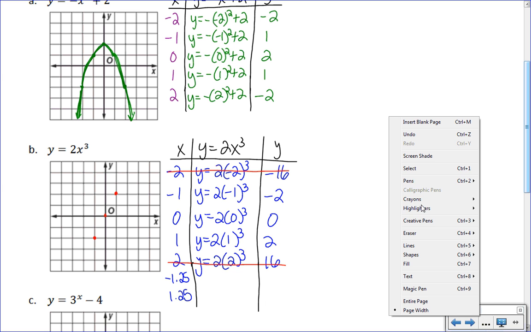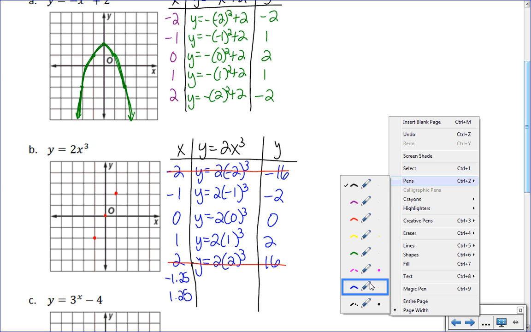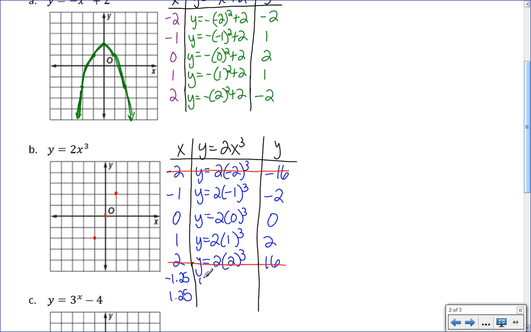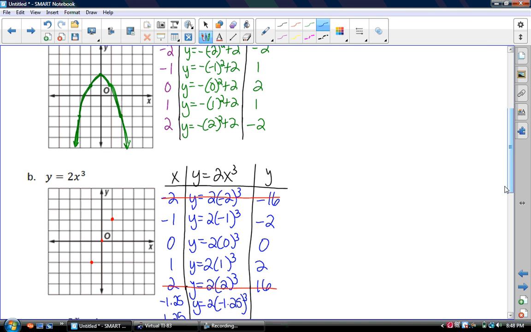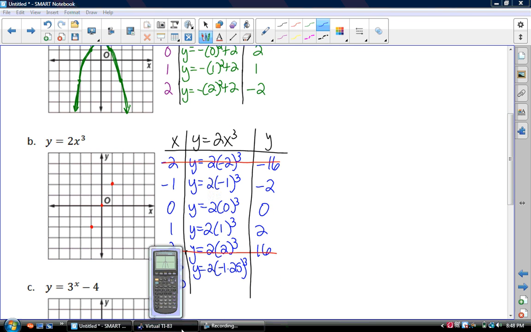Okay, so when we replace x with -1.25, we have y equals 2 times -1.25 to the third. And here the calculator might come in handy as far as getting a number for this.